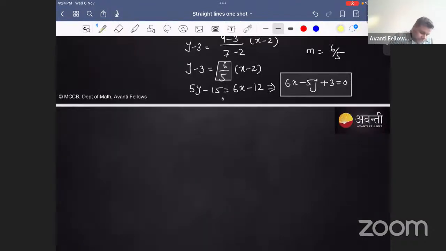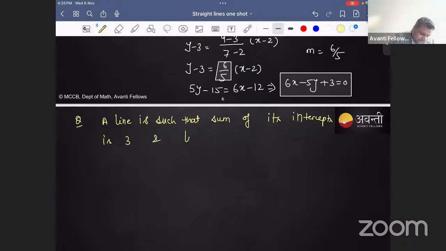One more question we'll do. A line is such that sum of its intercepts is 3 and line passes through (1, 1).